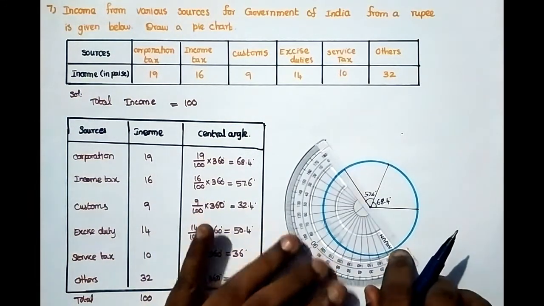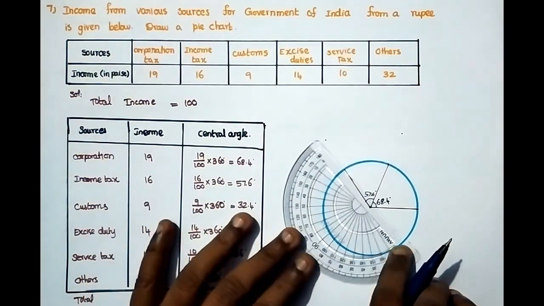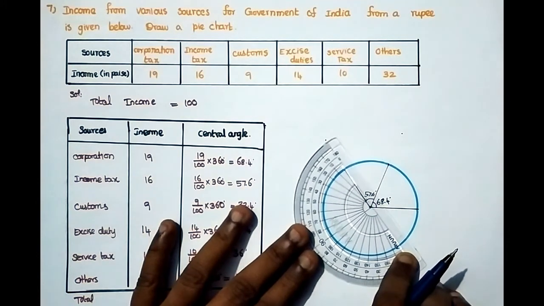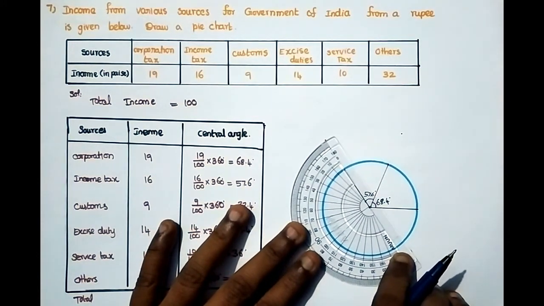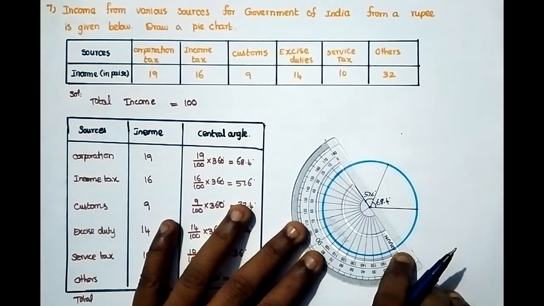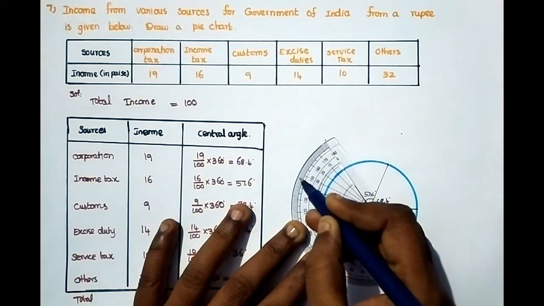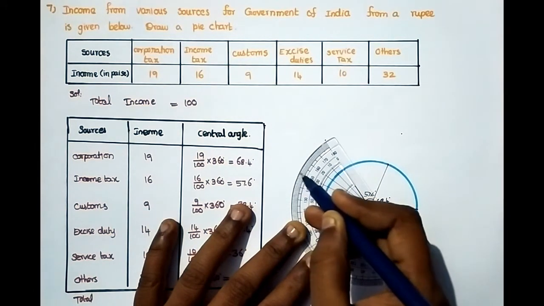From the line we measure how much? 32.4.